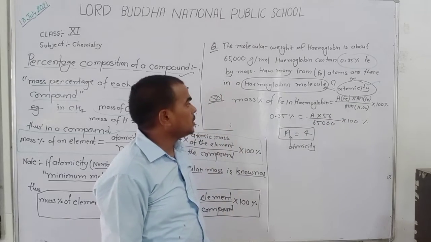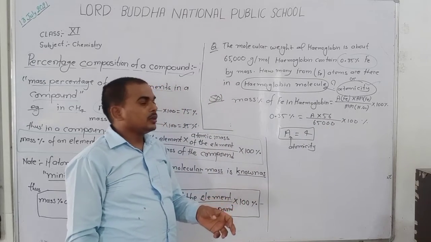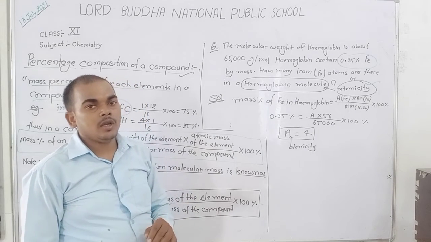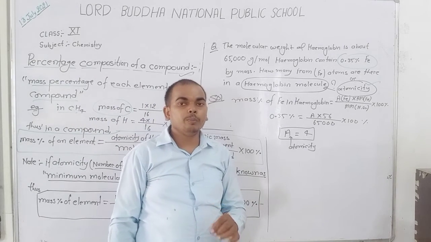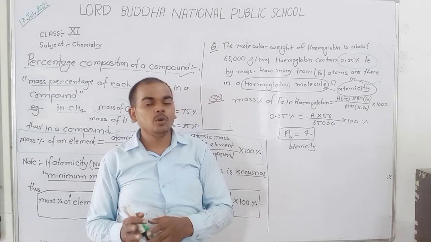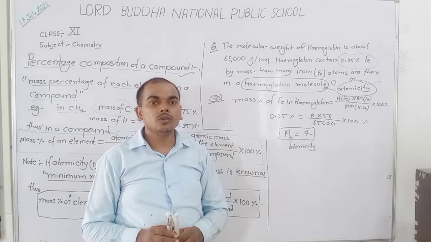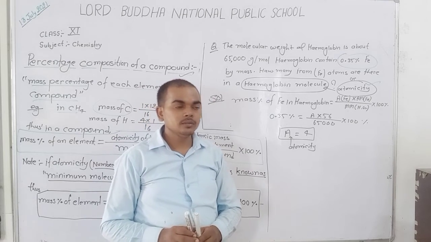Dear student, the atomic mass of iron is 56. If you don't know, please open your book and learn the atomic masses of elements.